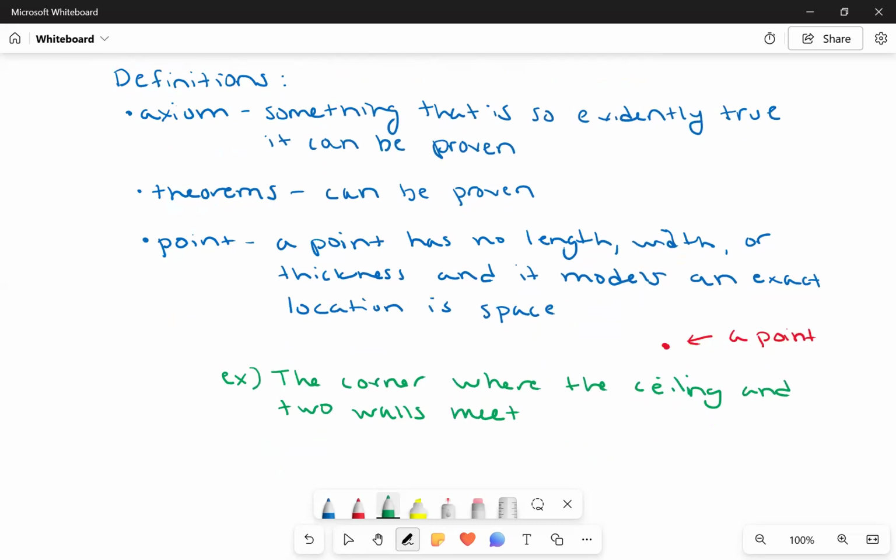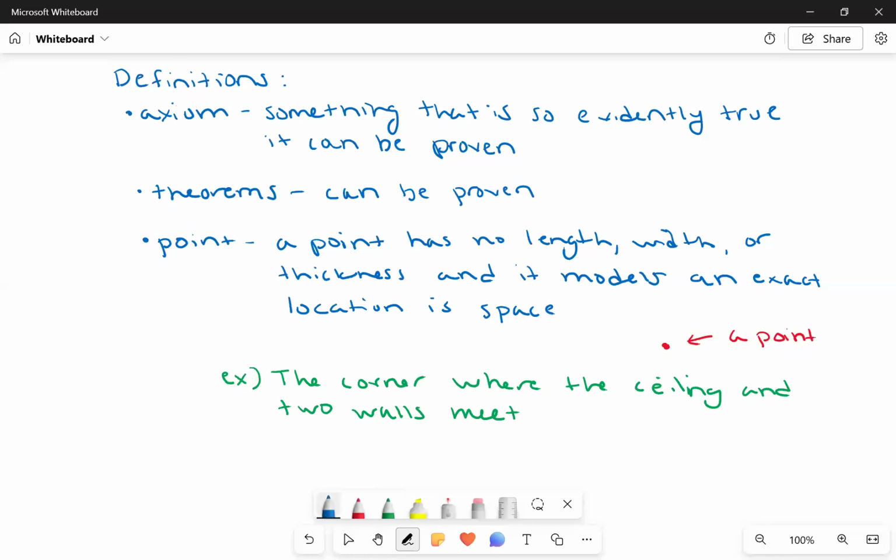So that corner represents a point. That single location in the room has neither thickness, width, or length, but it is identifiable and is a conceptual place in the room that has a location. Okay, so that is a point.